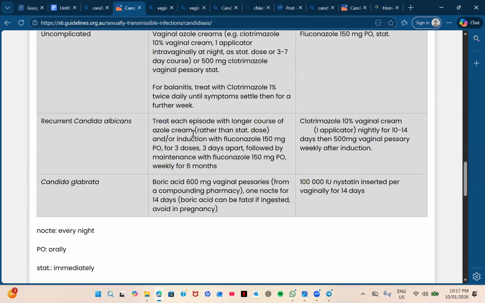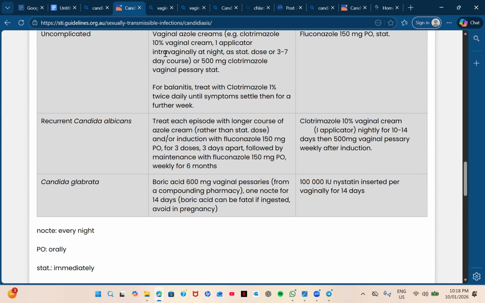Okay, the patient presented with Candida symptoms, and she had already used an azole cream without improvement of the symptoms. Then they did the microscopy and culture, and confirmed it is Candida glabrata.